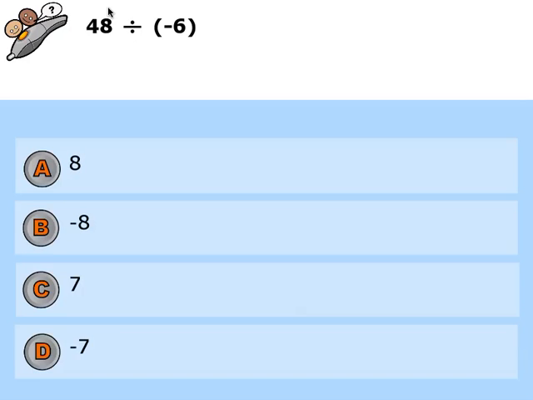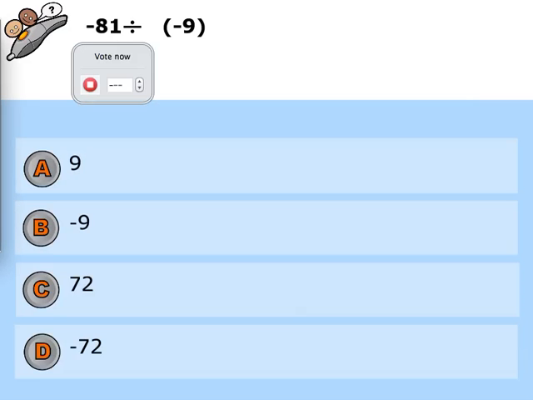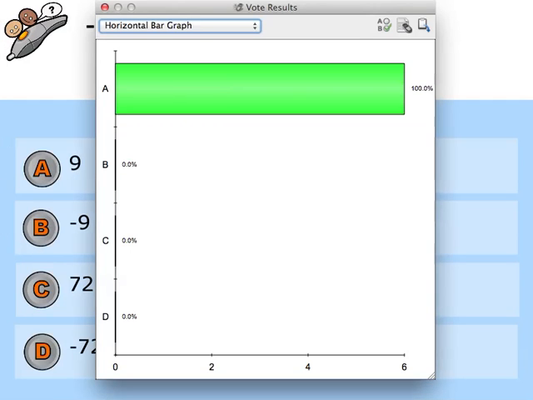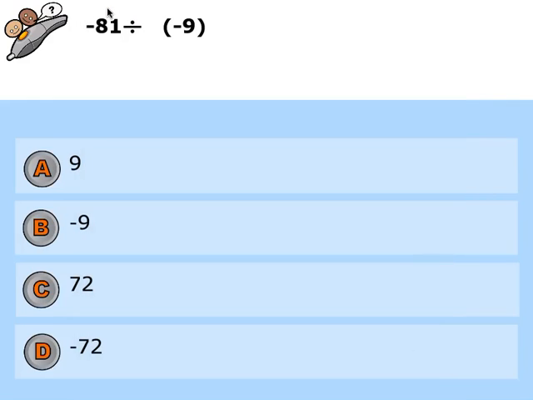So same signs is positive, different signs is negative. All right, let's try this one. Negative 81 divided by negative 9. Answer is positive 9. Nice job, because the signs are the same.